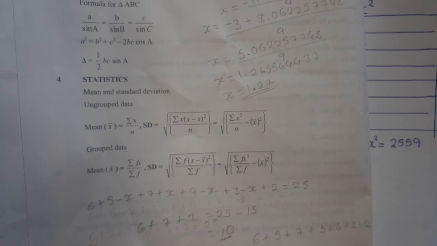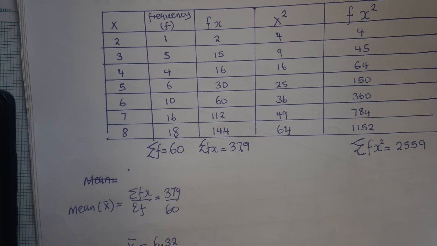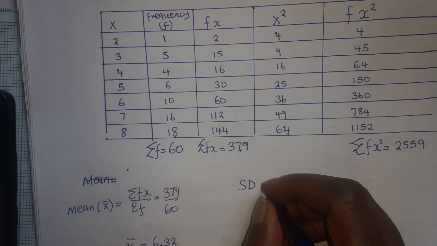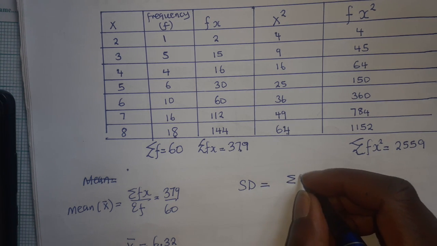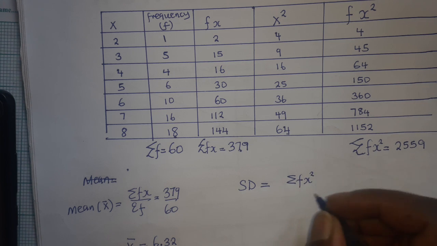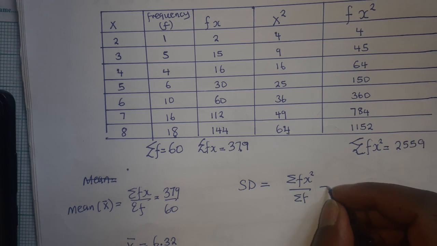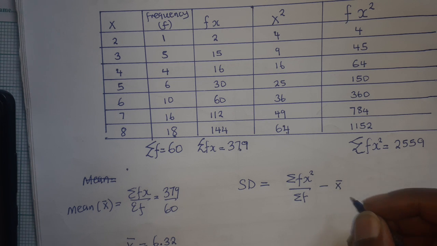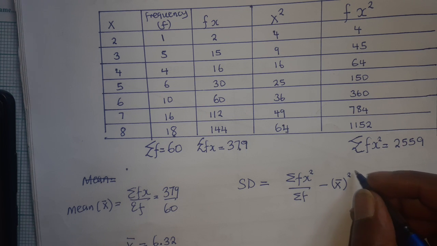I'm going to write the formula here, which is standard deviation is equal to the square root of the summation of fx squared over the summation of f, minus x bar squared.